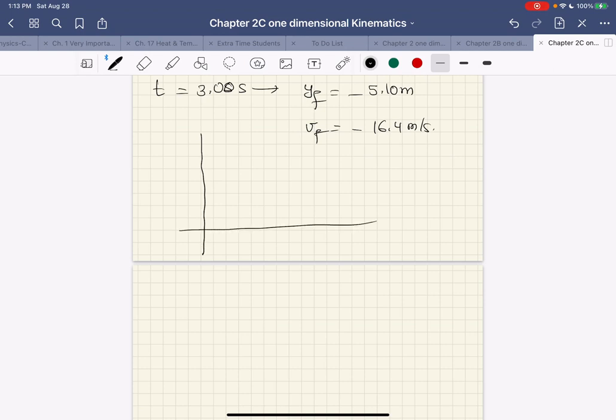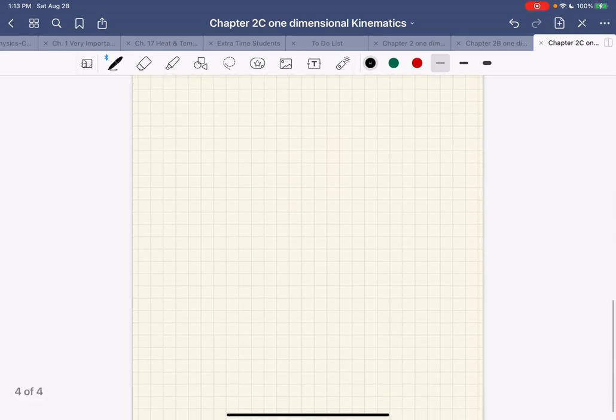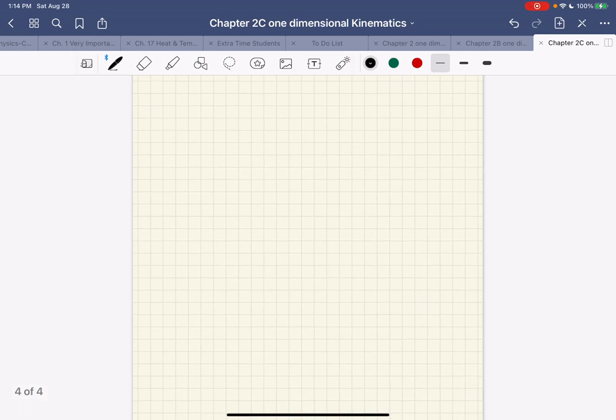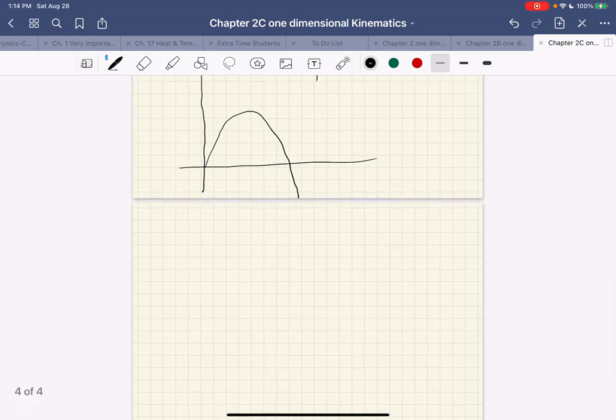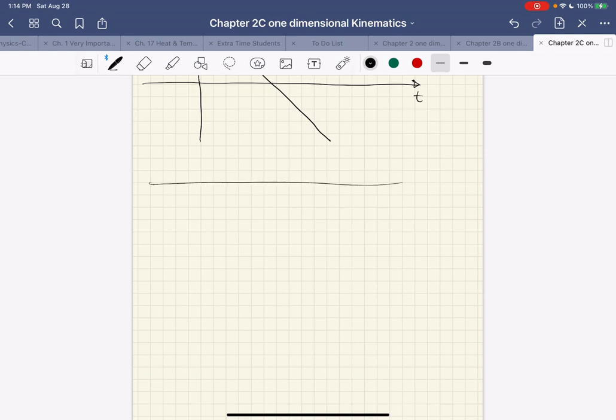It's going to be something like this, and that is position versus time. For the velocity, we are going to have positive and then negative, and this is velocity versus time. Finally, the acceleration is of course going to stay constant at negative 9.8.